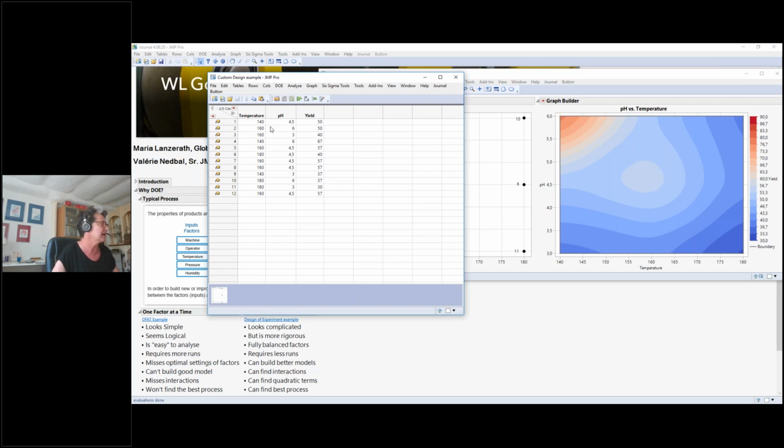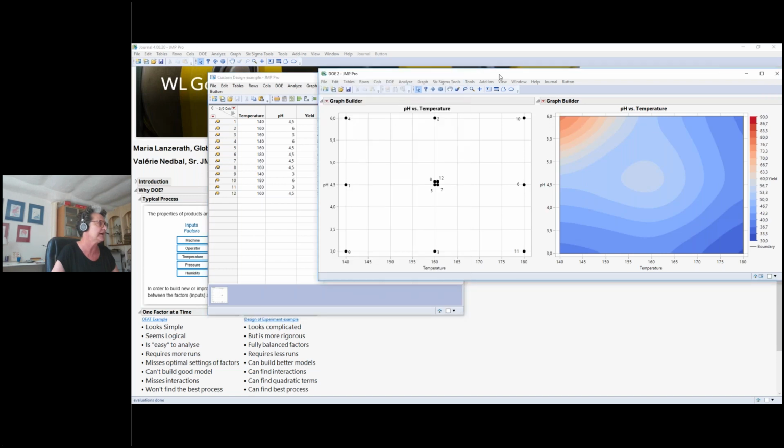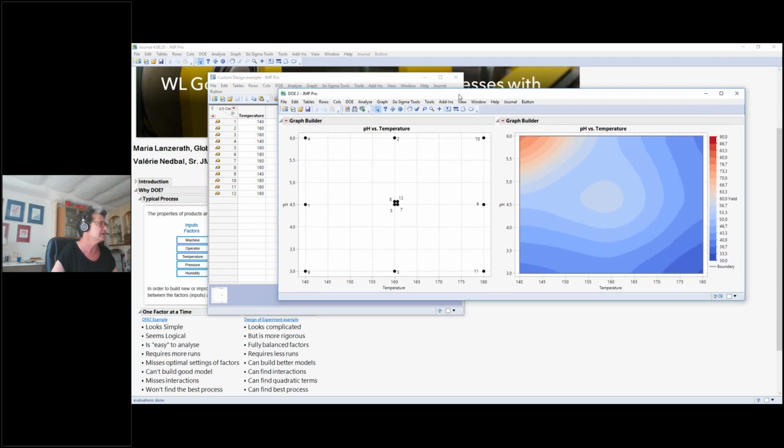This type of approach provides a much more efficient and effective way to investigate relationships between factors and responses. As I already said, you vary the factors at each experimental run and use the entire design space without omitting any unknowns, as you can see here.